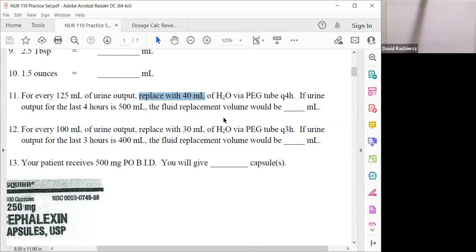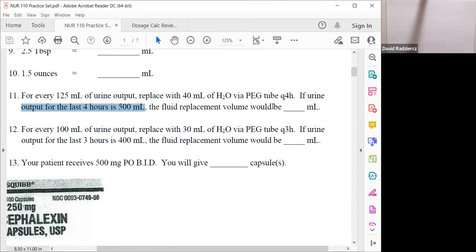Does this make any kind of sense? I don't know. It seems to me that you would want to replace more of an equivalent amount for the amount lost. But anyways, that's just what it is. And then it says, if the output was 500 milliliters, what would be the new replacement volume?